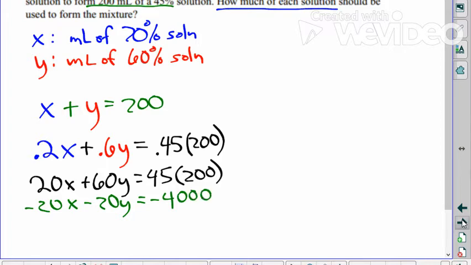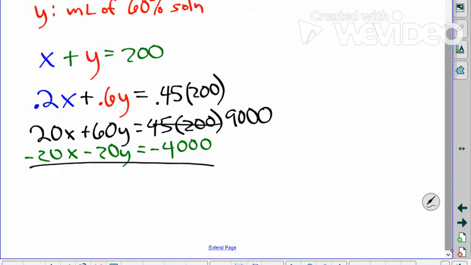My 45 times 200 here feels like about 9,000. Let me double check that. Yep, okay, so this is 9,000. And if I add those two equations together, my x's are going to go away. I'm going to be left with 40y's equal to 5,000.